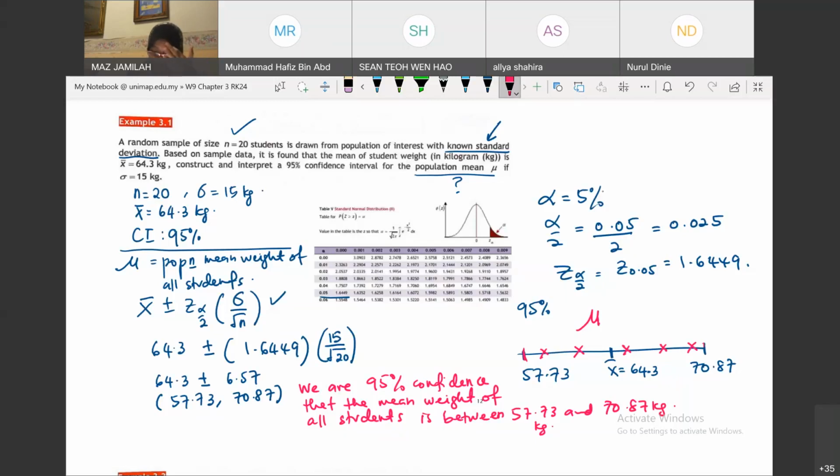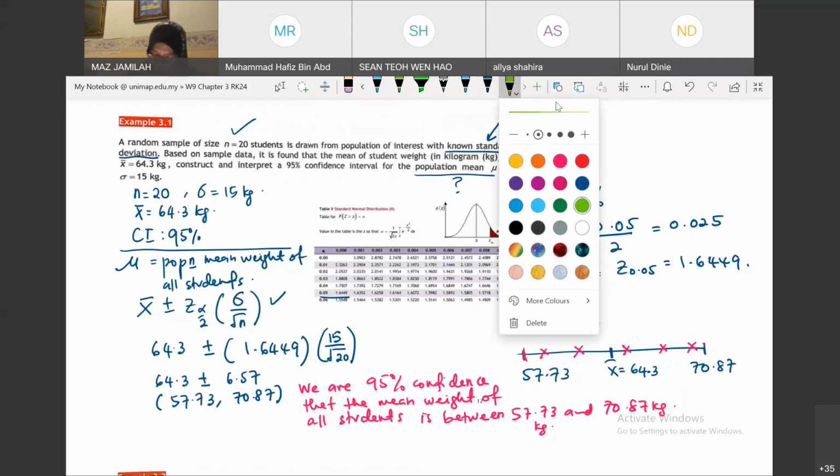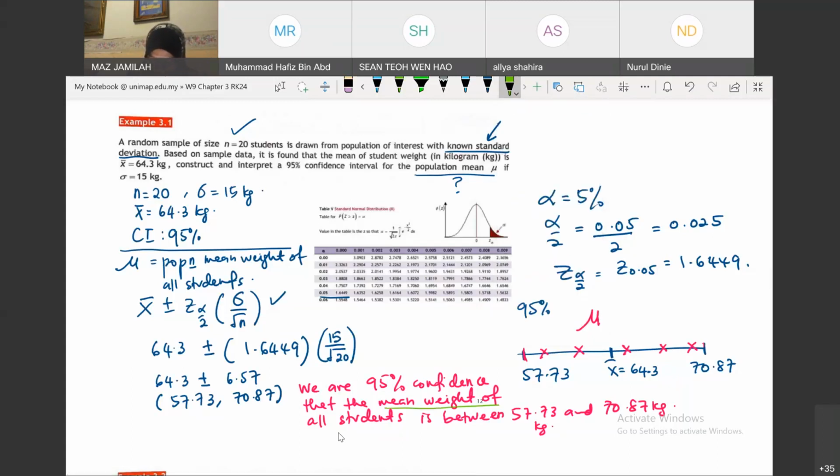Now class, look at the way we do the conclusion. We are 95% confident that the mean weight of all students. The part underlined in green is the one that we are talking about, the mu. So this is how we make inference about our mu using our x bar.